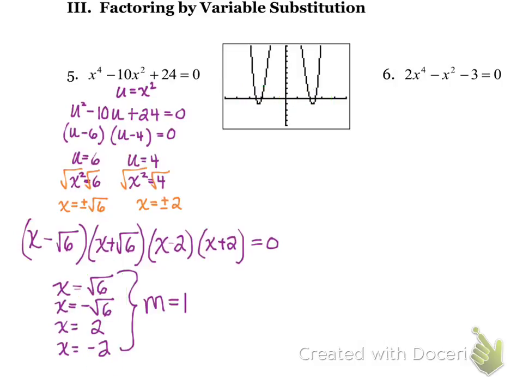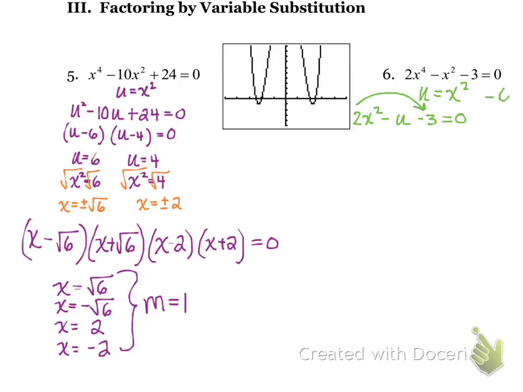All right, in number 6, let u equal x squared. So we have 2u squared minus u minus 3. I'm going to have to factor by grouping, which is decomposition.